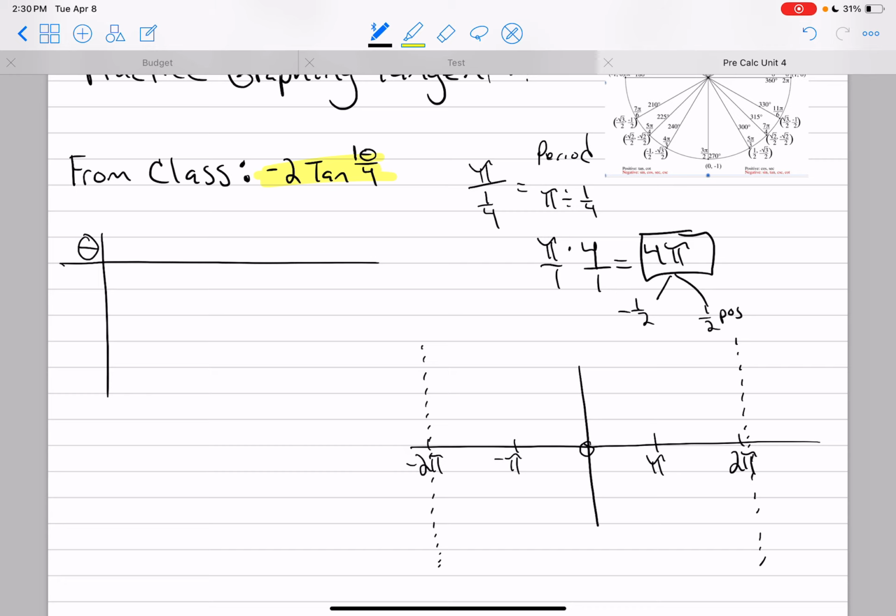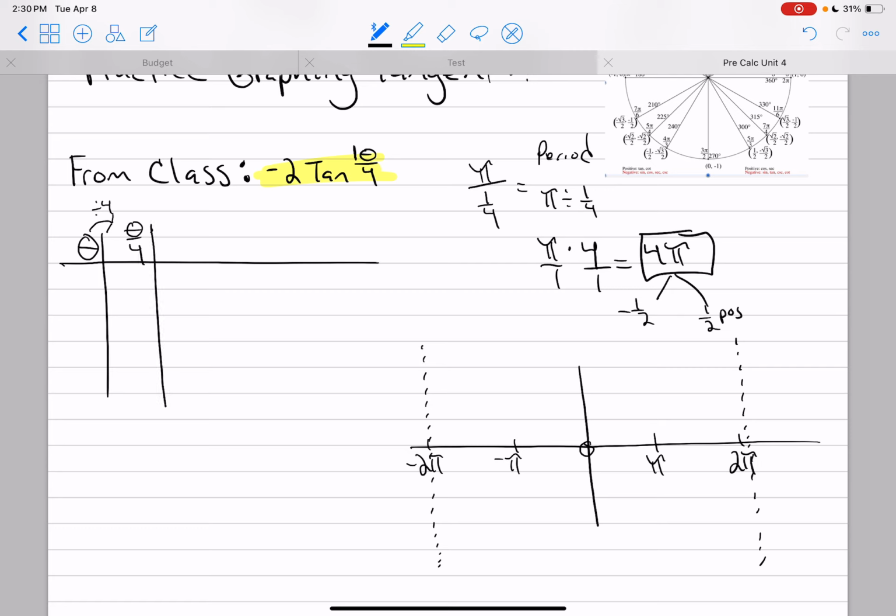I'm going to start with theta, and I need to divide it by 4. You could say divide it by 4 or multiply by 1/4. I'm going to say divide it by 4. So theta divided by 4 gives me theta over 4.